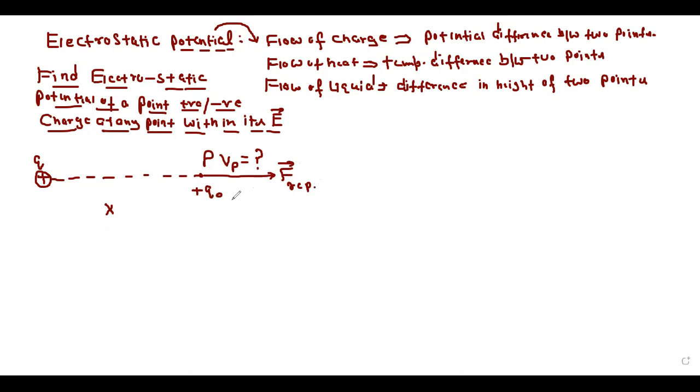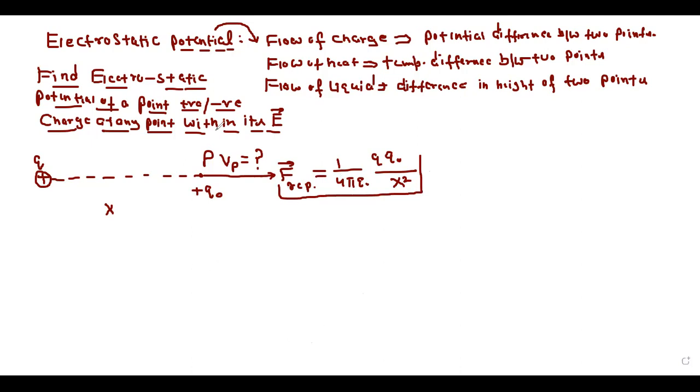The magnitude of the repulsive force will be equal to 1 upon 4 pi epsilon naught, q naught upon x square. This is the magnitude of the repulsive force between the test charge and this positive charge.